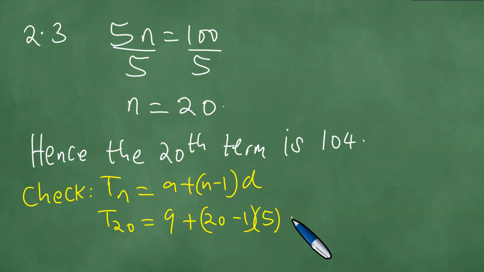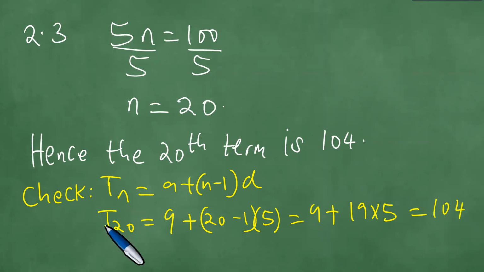We got it to be 5. So what is the answer to this? This is 9 plus 19 by 5. What is 19 by 5? Okay, 19 by 5 plus 9. The answer of all of this, I think it's 104. 104, well done. Which means that indeed, the 20th term is 104.